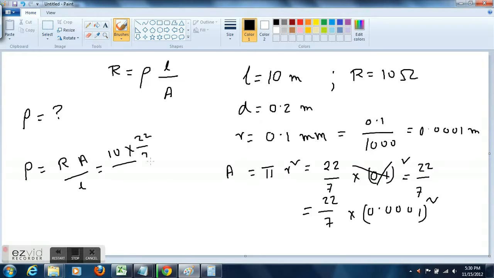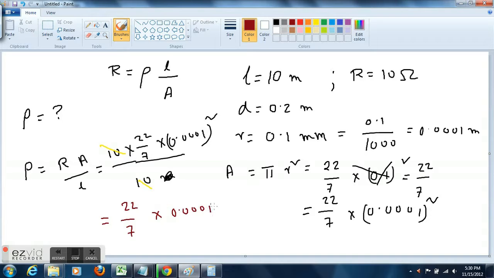Area is 22 upon 7 into 0.0001 square. And length is 10 meter. In fact, we don't need to write meter here. We do not need to write the unit. So 10 from the numerator and denominator cancels out. Therefore, resistivity rho equal to 22 upon 7 into 0.0001 square.